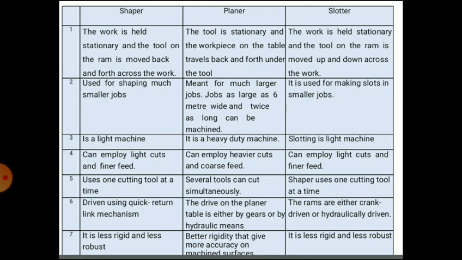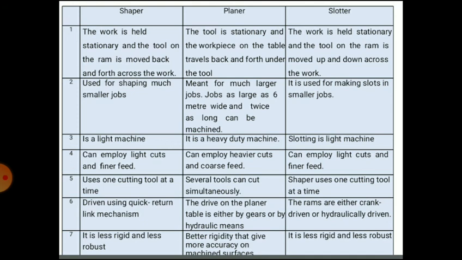In a planer, the tool is stationary and the workpiece is reciprocating. In a slotter, the work is stationary and the tool or the ram is reciprocating. Shaper is used for smaller jobs. For larger jobs, a planing machine is used, and the slotter is used for smaller jobs.